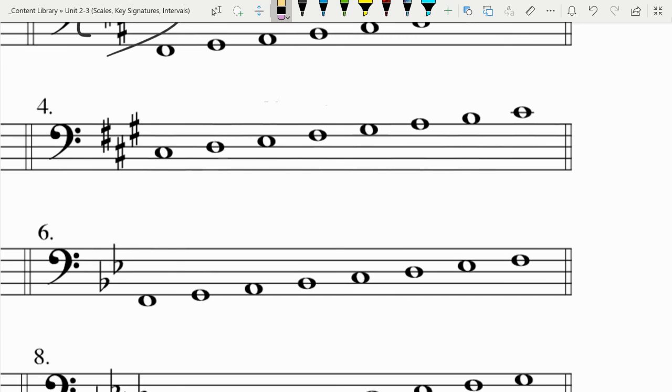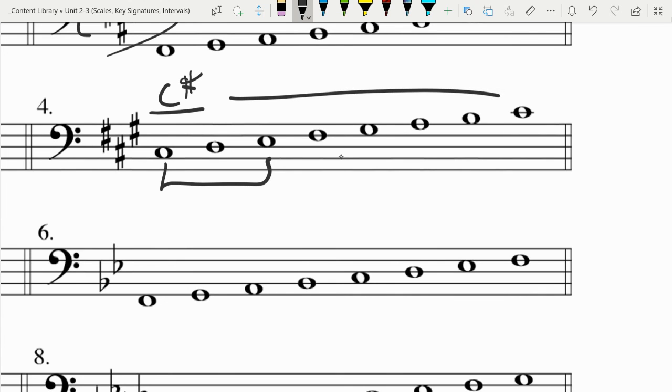Or you can think, okay, C sharp, and then look at your 3rd. So again, name the scale first, and then look at the 3rd. Is it a major 3rd or a minor 3rd? If it's a minor 3rd, which it is here, C sharp to E natural is a minor 3rd, then that means you're going to be dealing with one of these scales, either Phrygian, Aeolian, or Dorian.